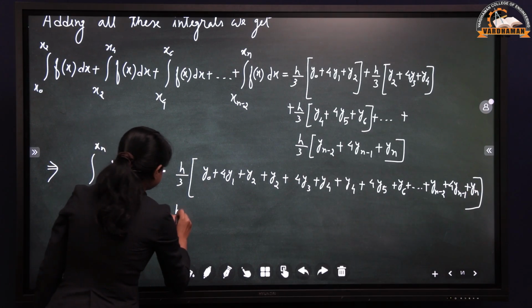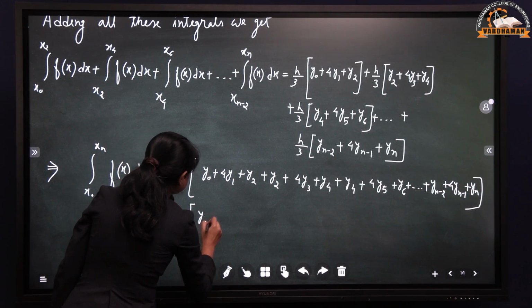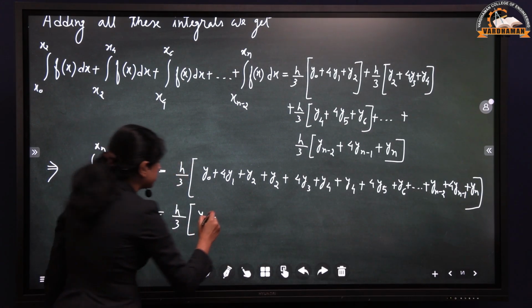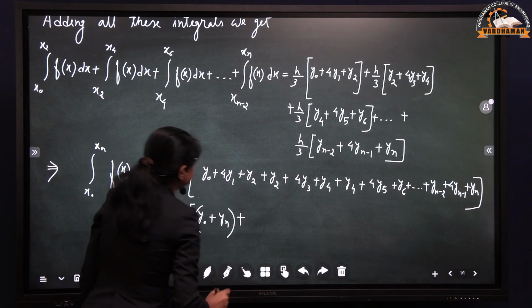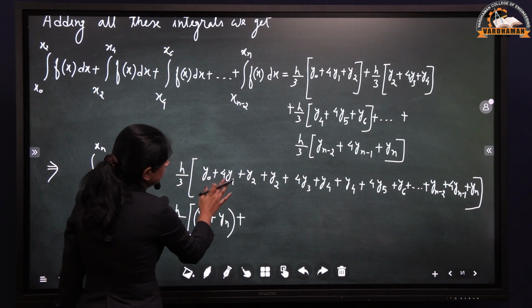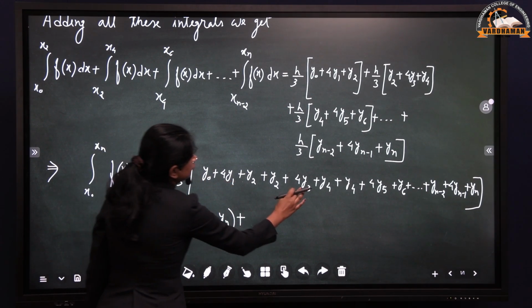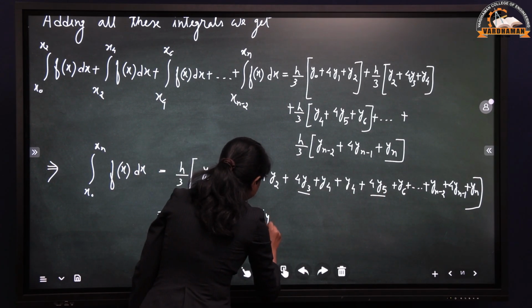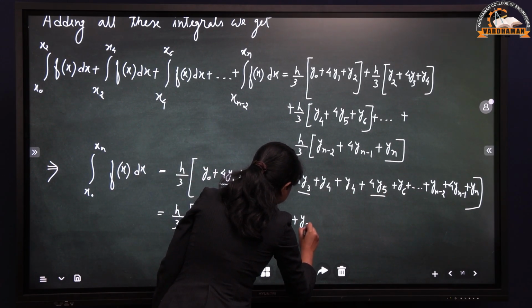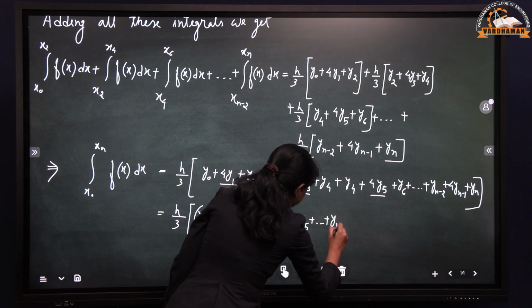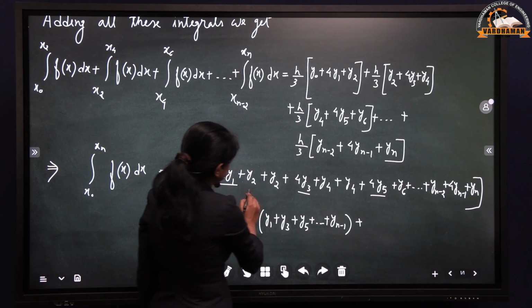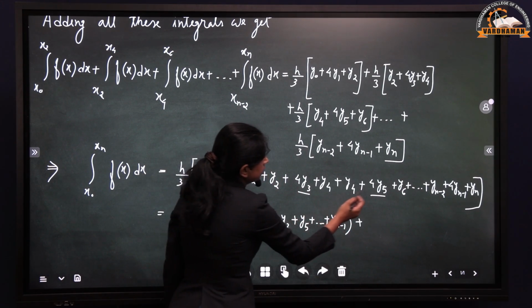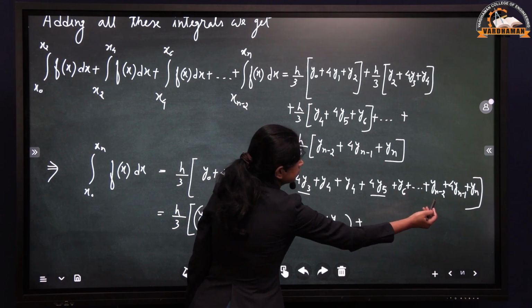Now we can write it as h by 3 [y0 plus last term yn, together, plus we can take 4 common from these terms, 4y1, 4y3, 4y5, 4yn minus 1, that is y1 plus y3 plus y5 plus so on yn minus 1, plus this y2 plus y2, y4 plus y4, y6 plus y6 and so on].